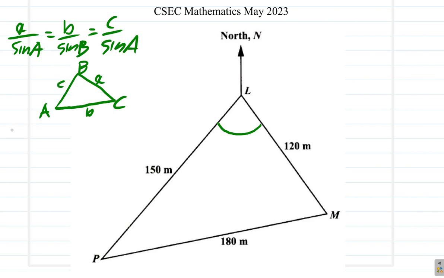The cosine rule says a squared equals b squared plus c squared minus 2bc cosine of angle A.